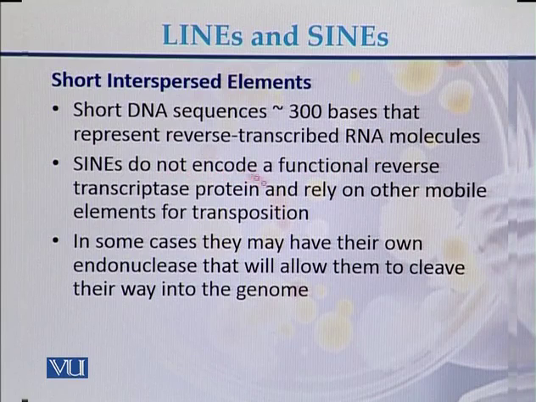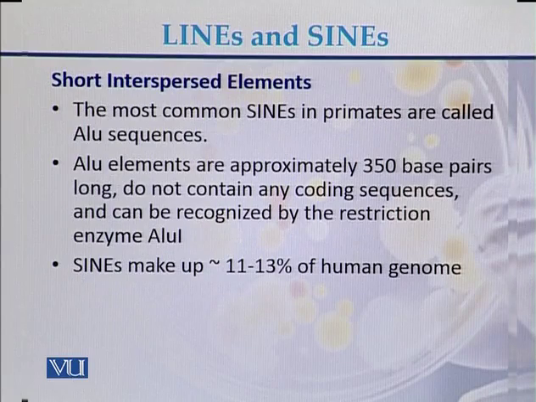SINEs do not encode a functional reverse transcriptase protein, and rely on other mobile elements for transposition. In some cases, they may have their own endonuclease that will allow them to cleave their way into the genome.